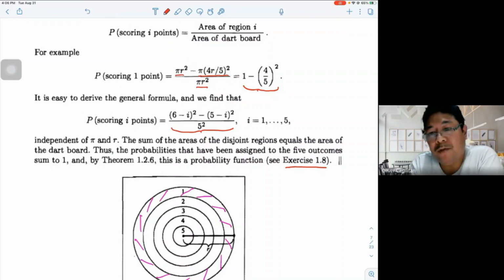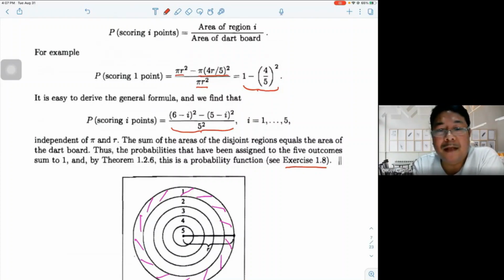If you want to show that this defined function P is a probability function, then the three axioms must be satisfied. First, the probability of any event A should be non-negative.